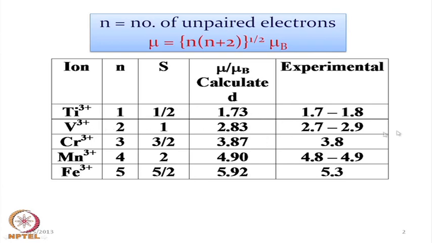Similarly, for 2 unpaired electron, 3 unpaired electron and 4 unpaired electron systems, we can have a magnetic moment which is very much close to our spin only values.